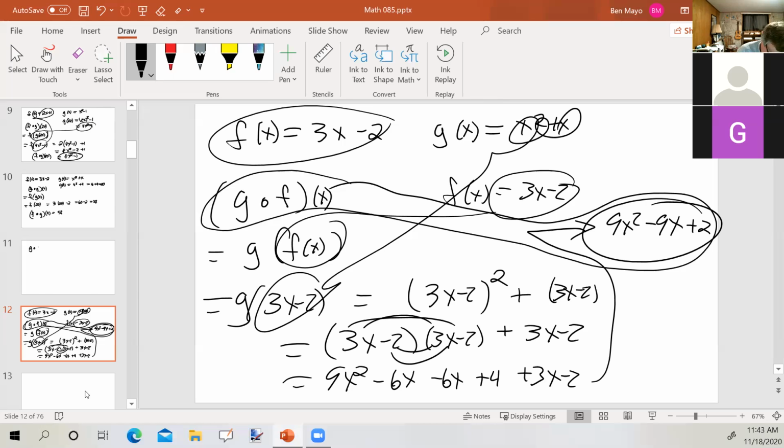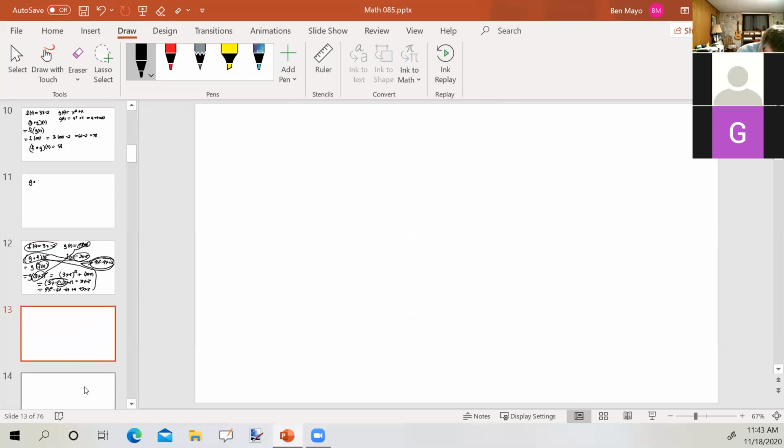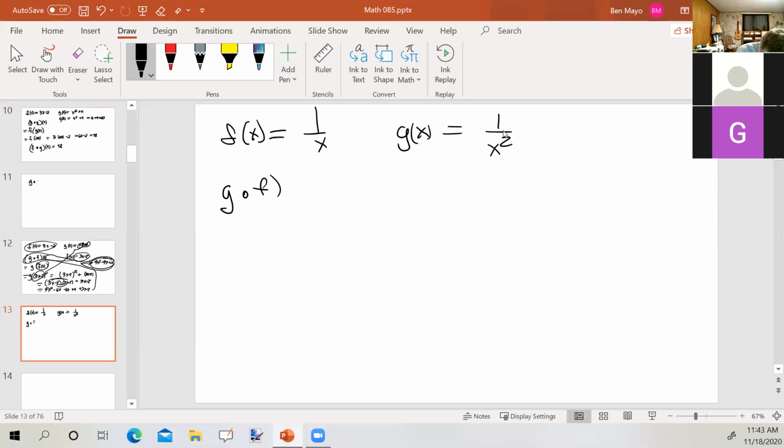Let's see here. How about if f of x equals 1 over x and g of x equals 1 over x squared? Let's find g composed with f of 1/3.